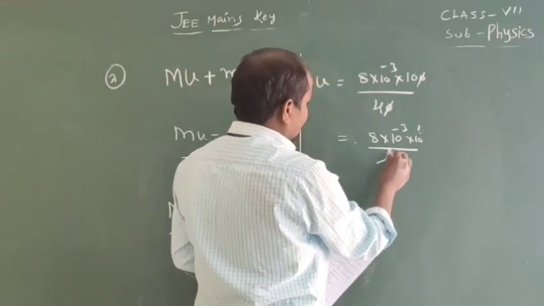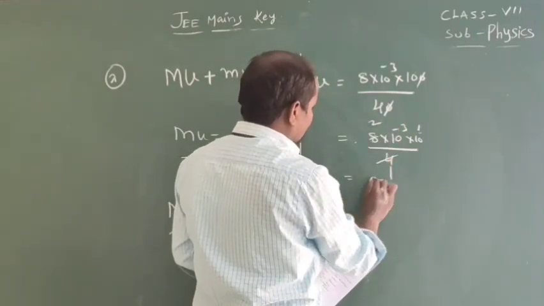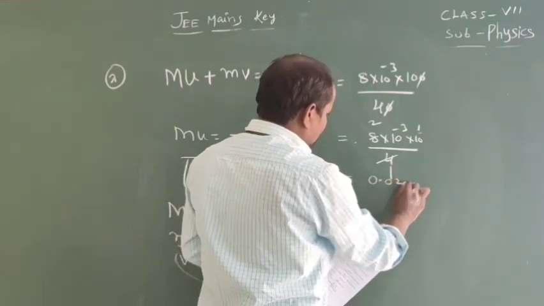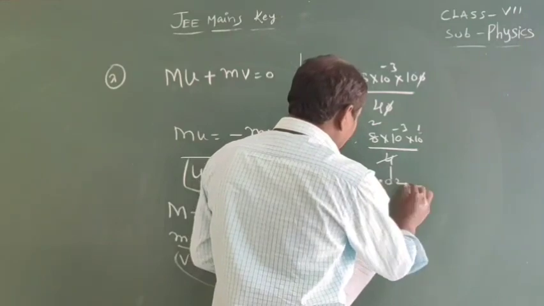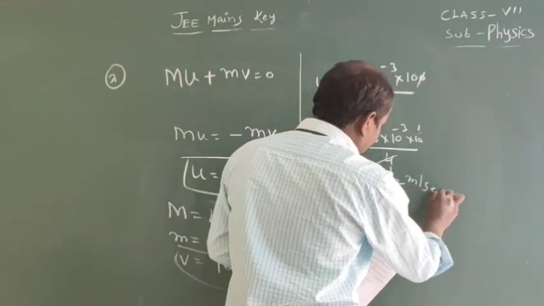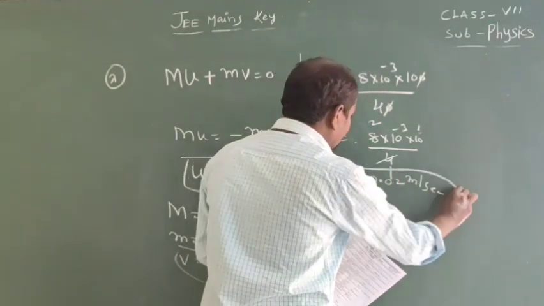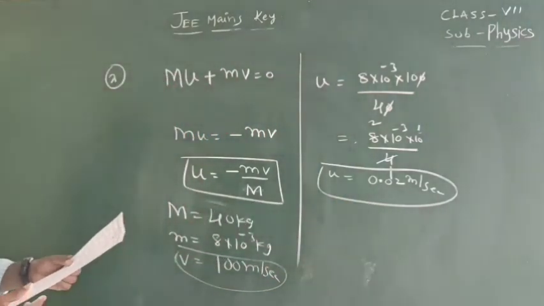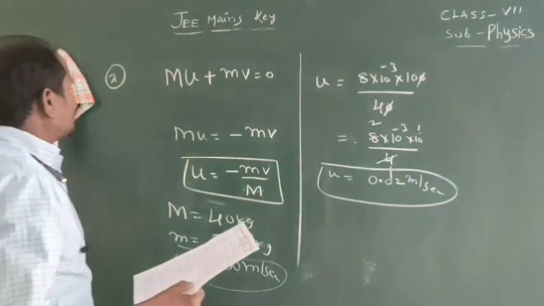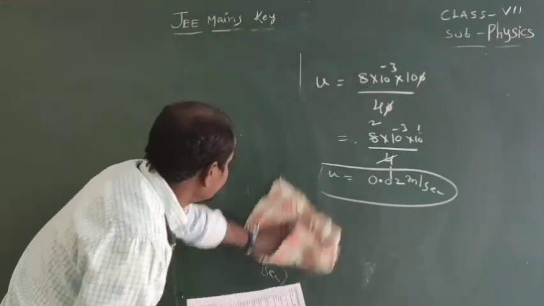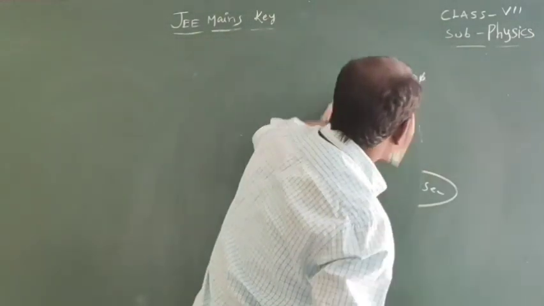Once 4 is 2, that equals 0.02 meter per second. So u equals 0.02 meter per second. It is the recoil velocity of the gun.